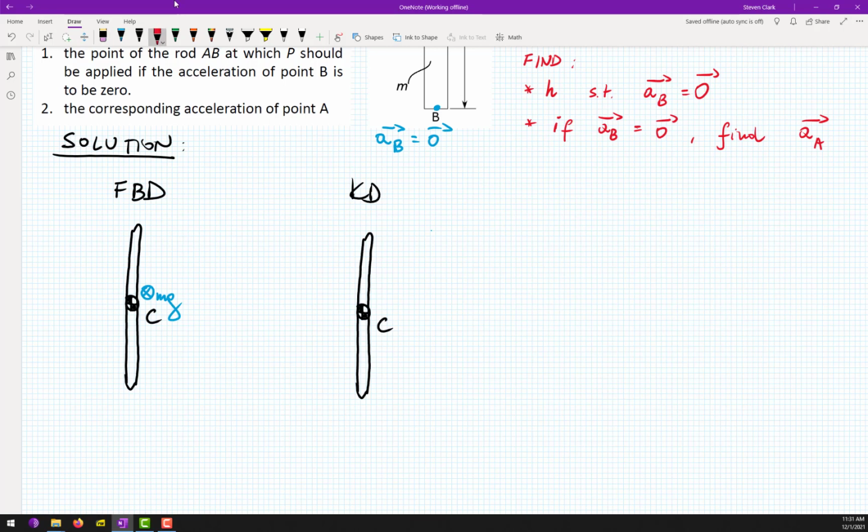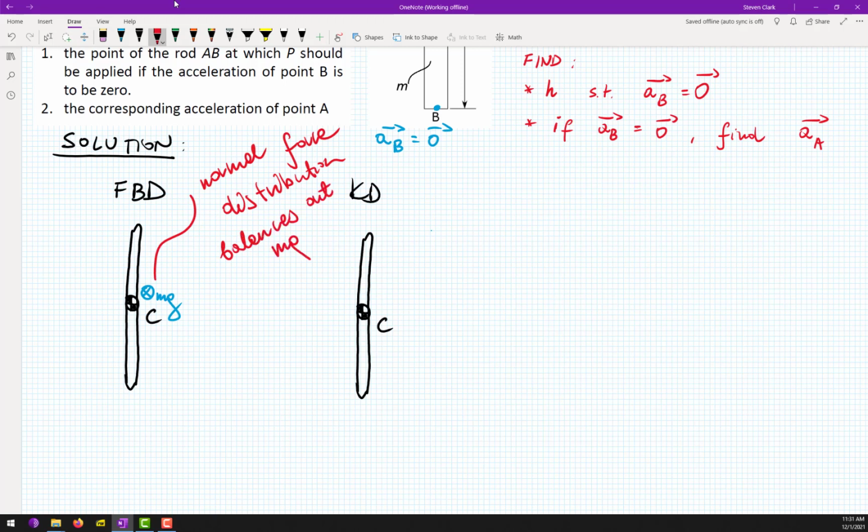Instead of writing normal force, because I don't know where it is applied, I'm just going to write here: normal force distribution balances out mg. Or you can equally write that nothing interesting happens in the direction perpendicular to the board. We ignore that motion.